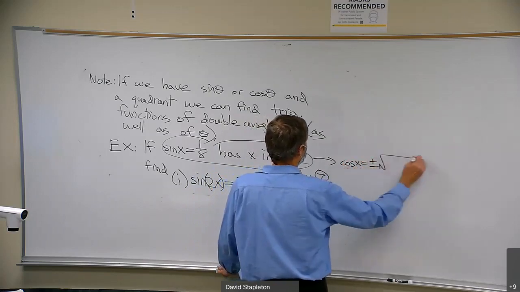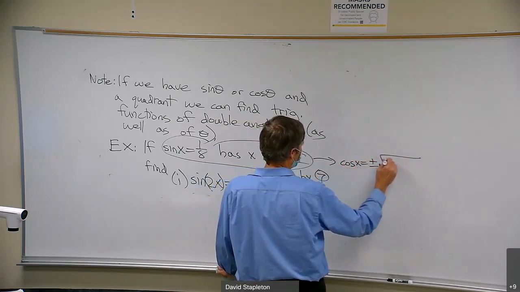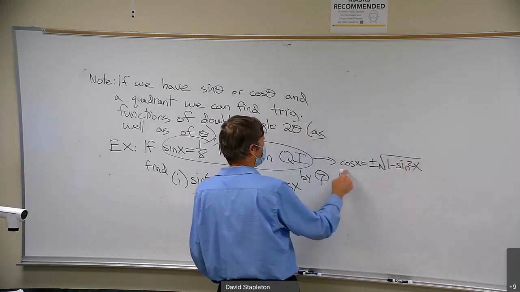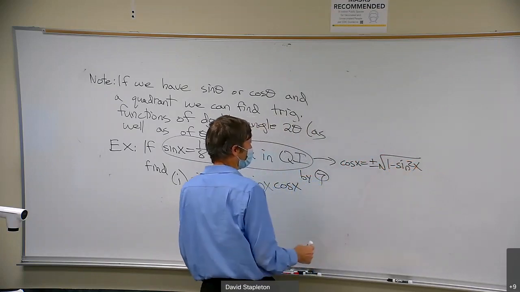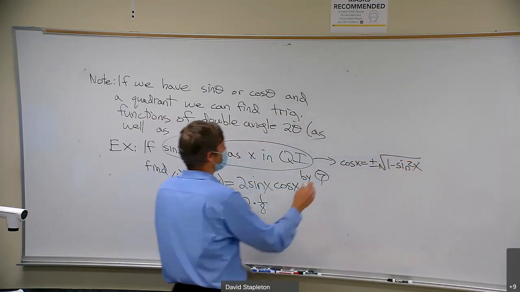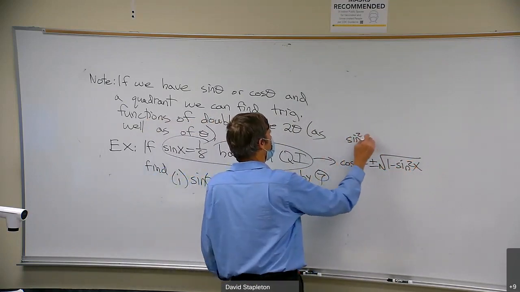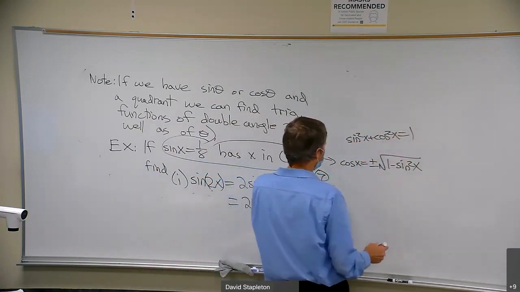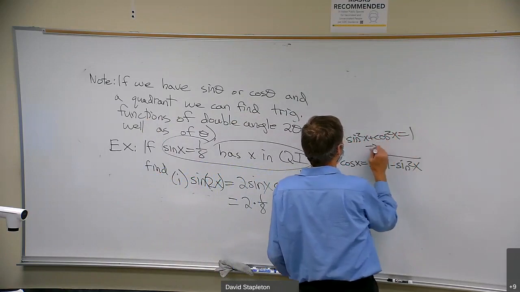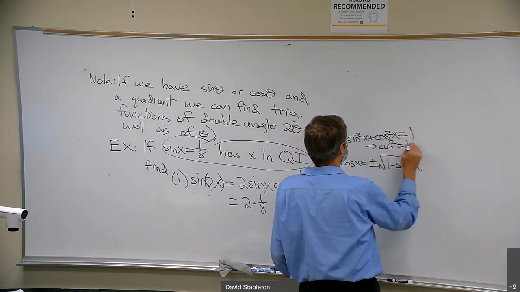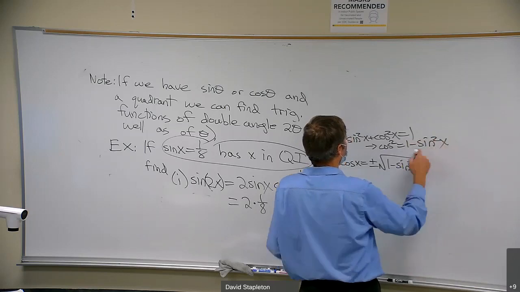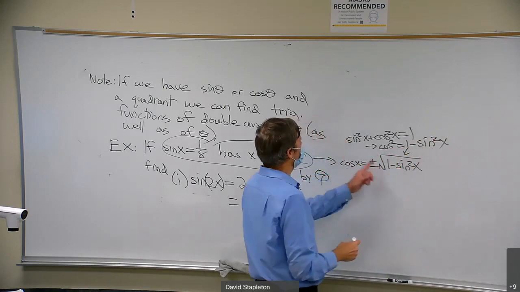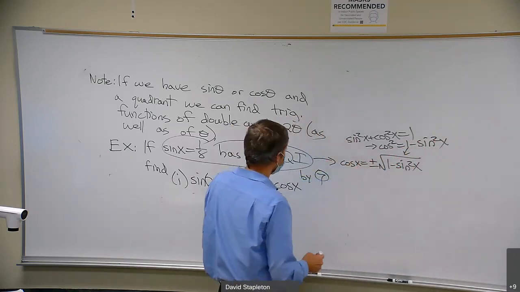By the Pythagorean identity solved for cosine, cosine is plus or minus the square root of 1 minus sine squared. Maybe I should remind you: sine squared plus cosine squared equals 1. That was our identity we memorized. If you subtract sine squared and now you square root both sides, you get this. So this is the Pythagorean identity solved for cosine.